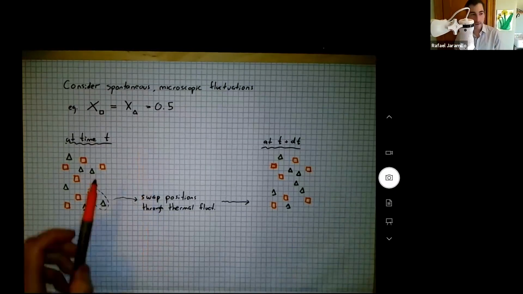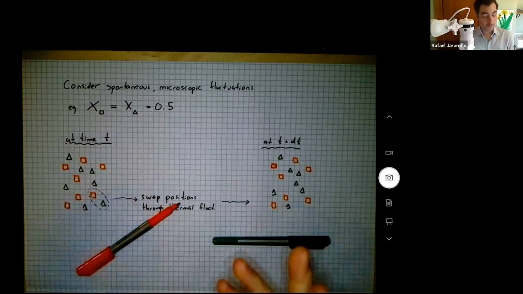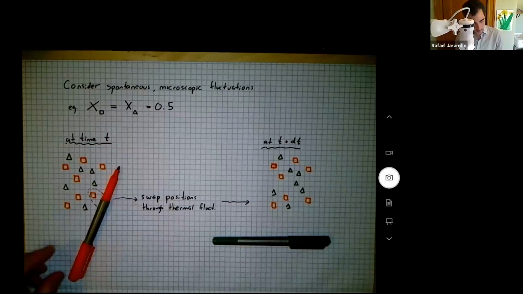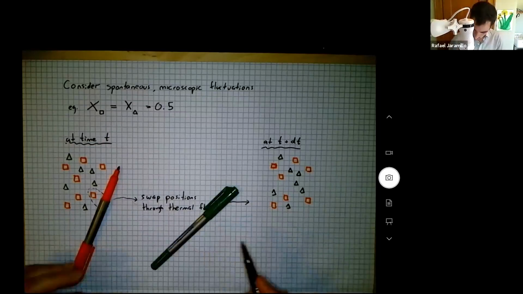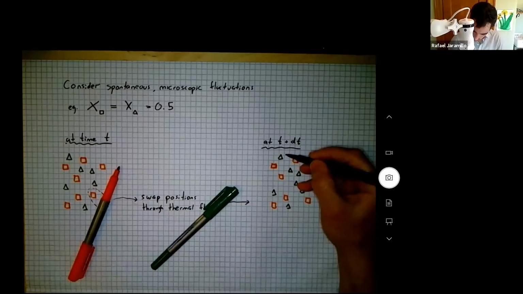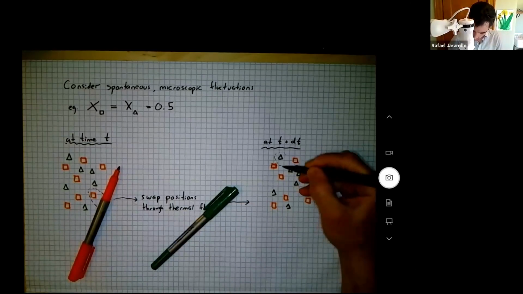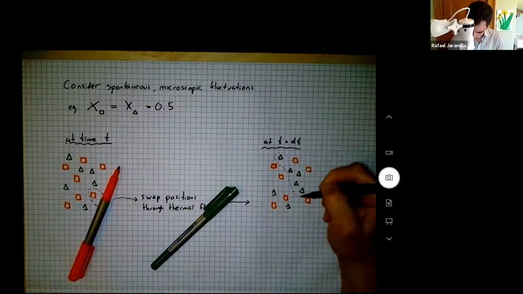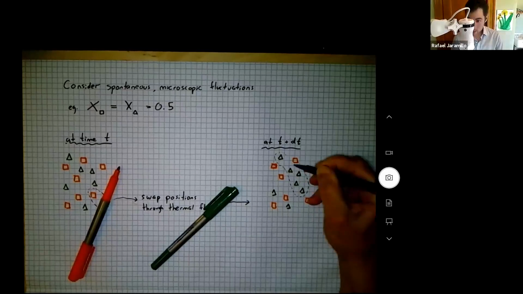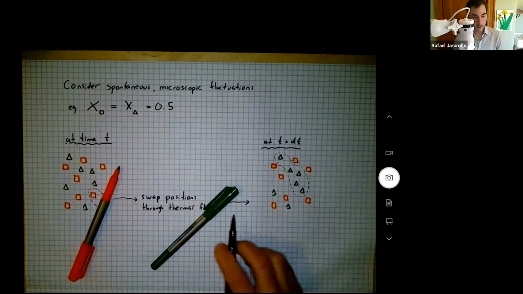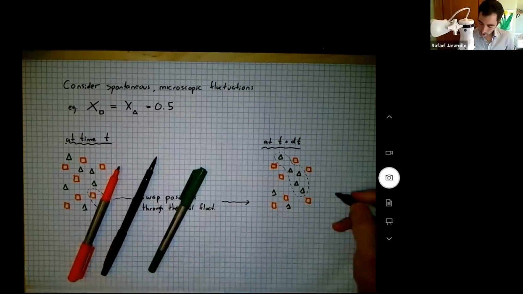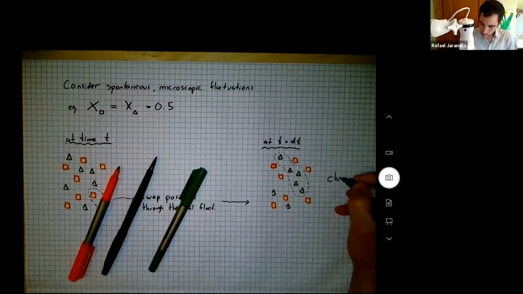So you just had this sort of randomly fluctuating system. But the fluctuation is such that it created a cluster of triangles.